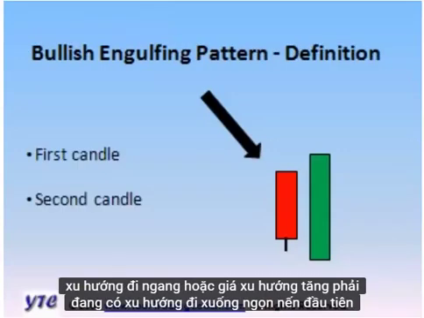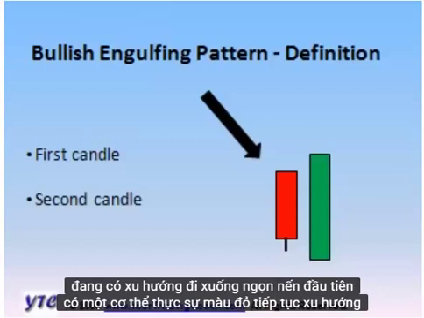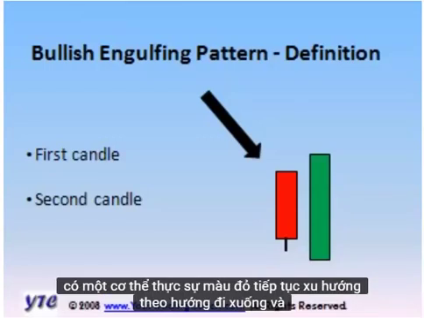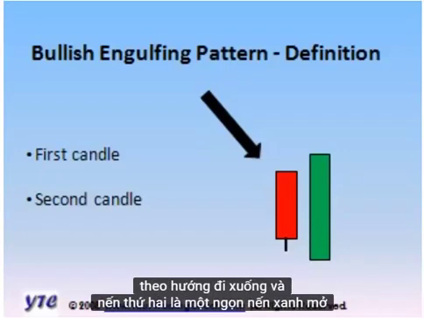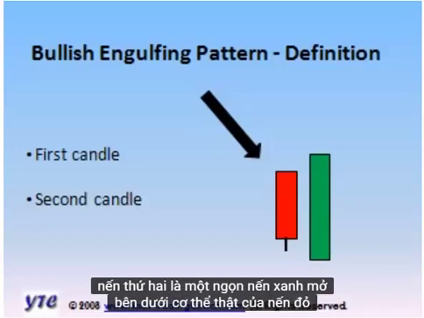The first candle has a red real body continuing the trend in the downwards direction. And the second candle is a green candle opening below the real body of the red candle.